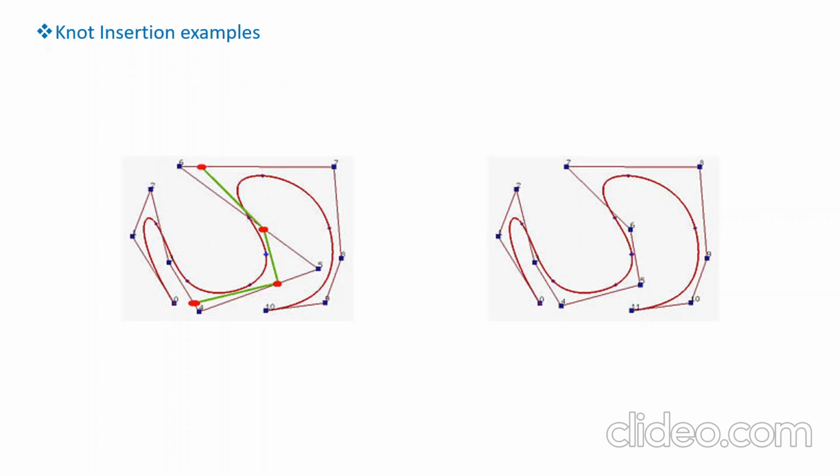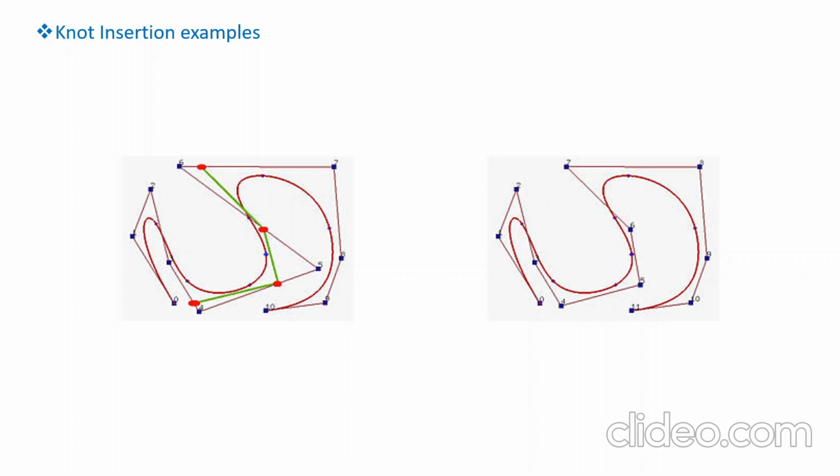So let's talk about some knot insertion examples. Shown here on the left side and left figure here is a B-spline curve with 10 control points, and the knot insertion is being done. The red dots on the left figure are the knots being inserted.